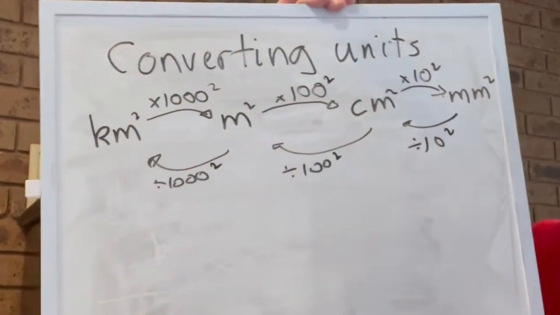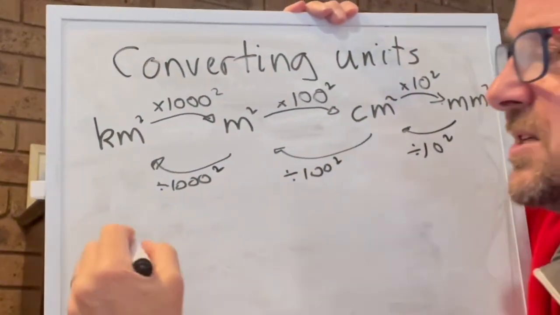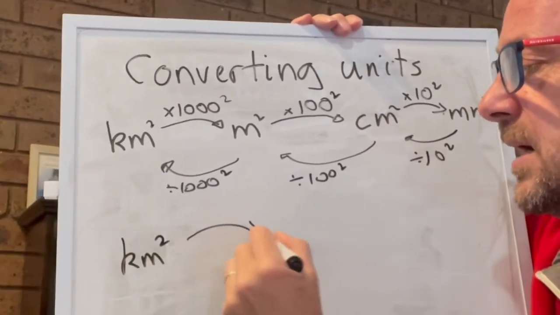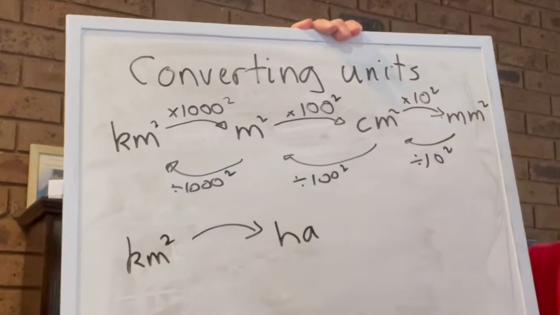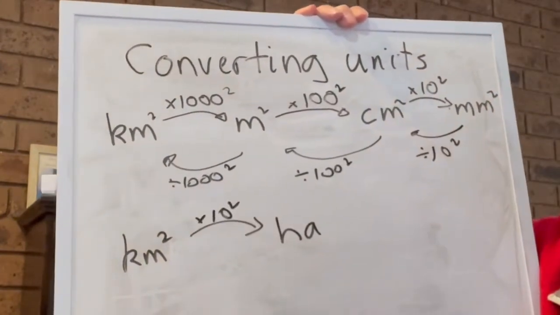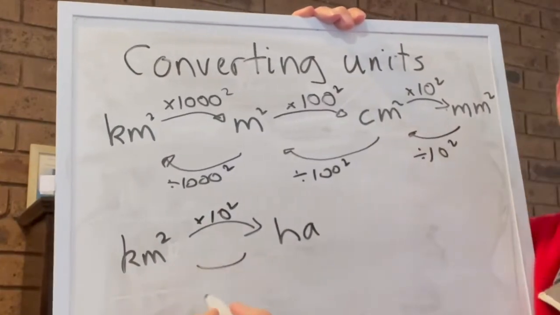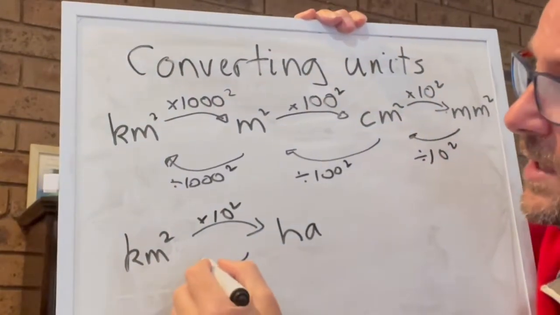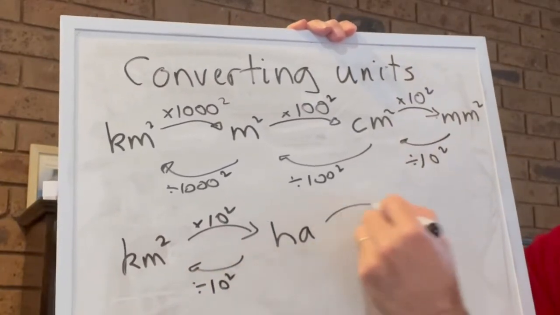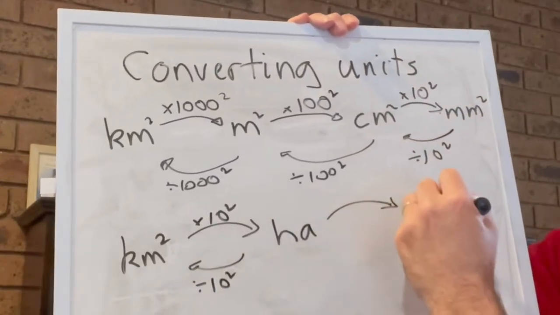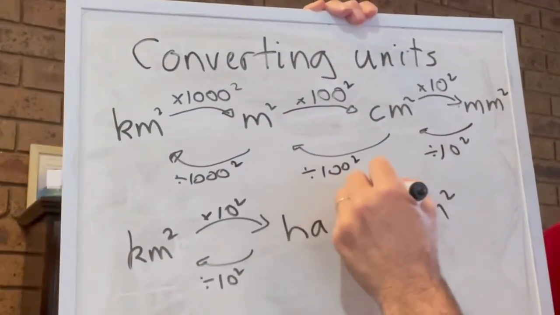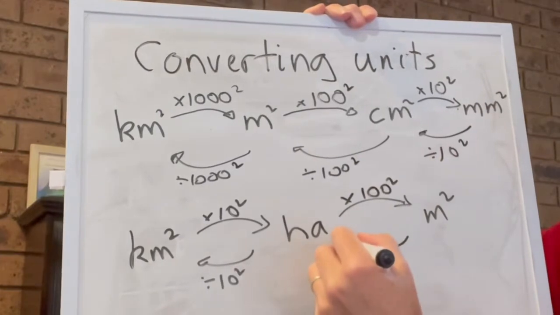The only one that's not on here is you can go from kilometres squared to hectares. And in order to do that, it's times 10 squared, and obviously back 10 by 10 squared. And then from hectares to metres squared, which is times 100 squared, and then back the other way.